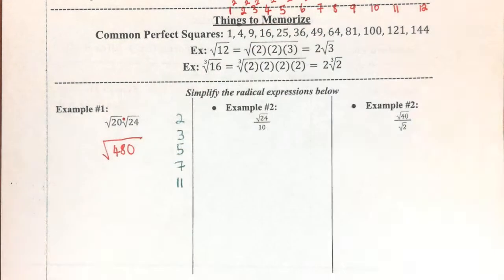A prime number is a number that's divisible by only itself and 1. 1 is not a prime number because 1 is itself.